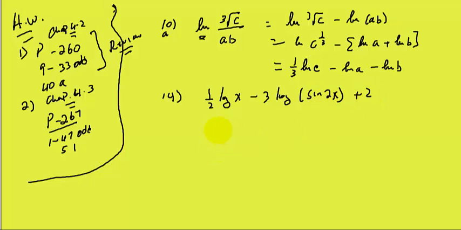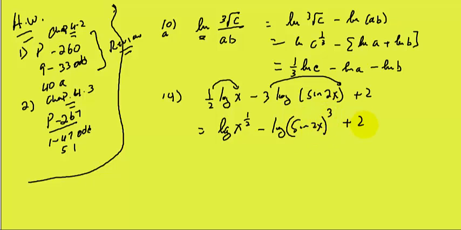And here they want you to go backwards and compress. Of course, this ends up as an exponent, and this ends up as an exponent. So this now looks like a log of x to the 1/2, which is the same thing as square root, minus log of sine of 2x to the 3rd plus 2.